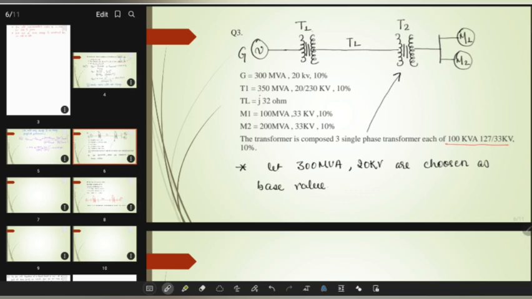Because the rating of the machine is 33 kV, and the secondary of transformer T2 is also 33 kV. So you need equal voltage for connection. If they have not mentioned it, you can easily find it out.